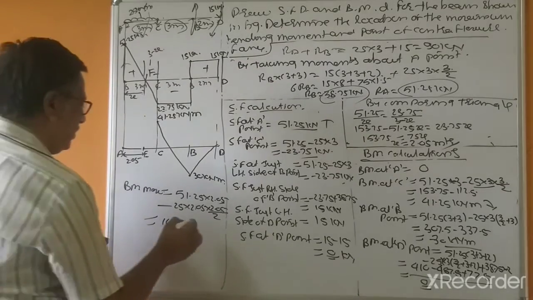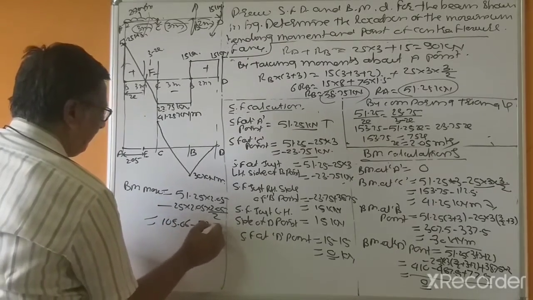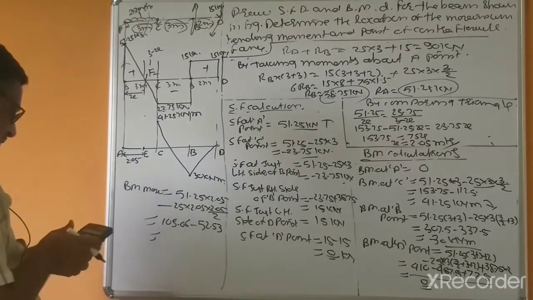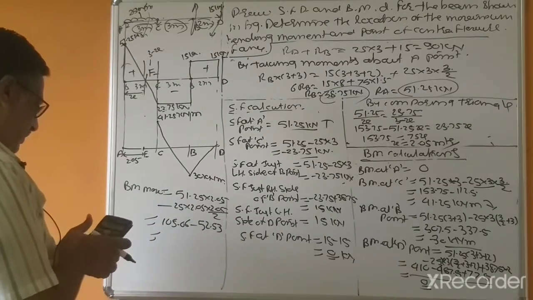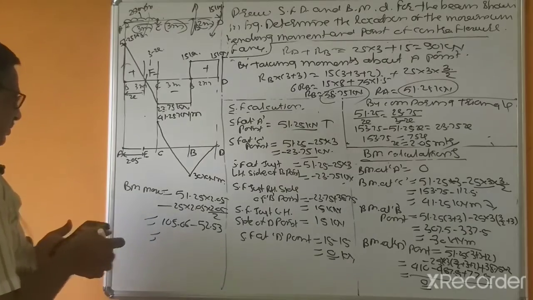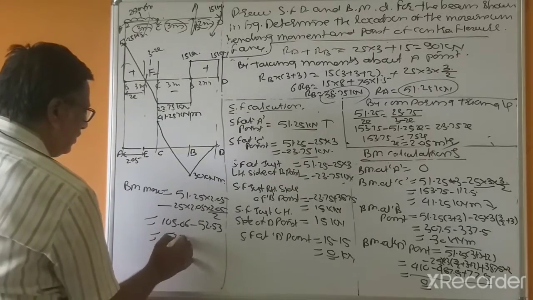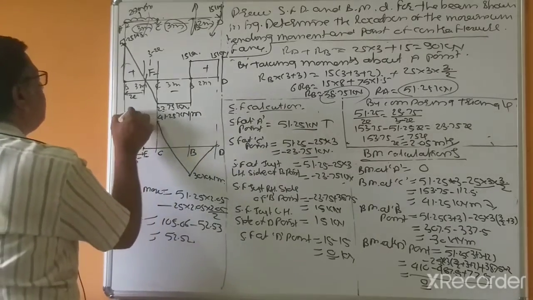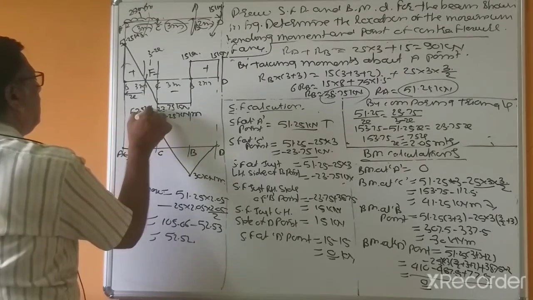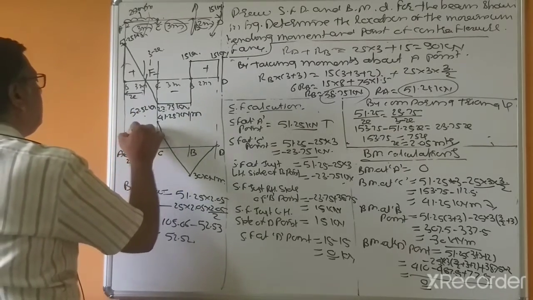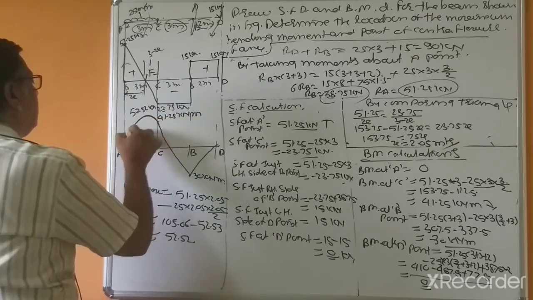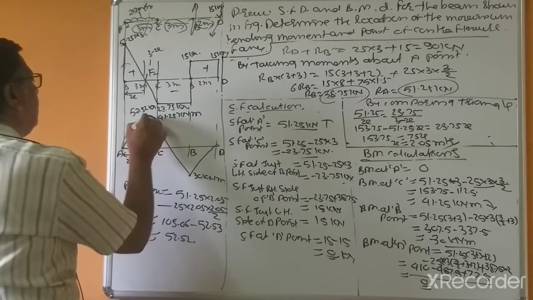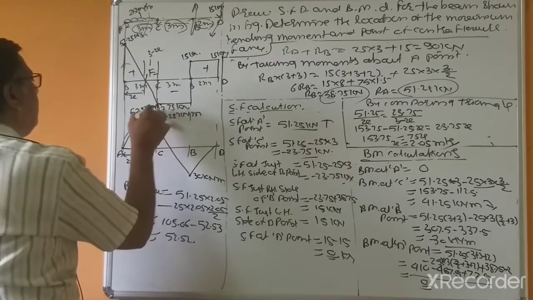This is equal to 52.52 kilonewton meters, and the nature of the curve is parabolic. So this is not a straight line, and this is the maximum bending moment.